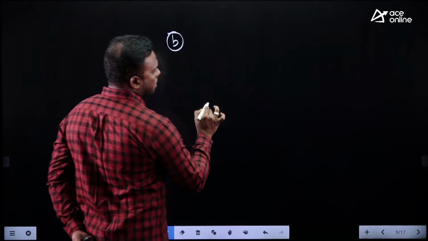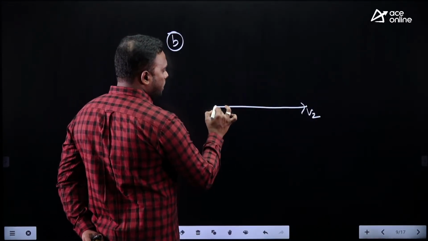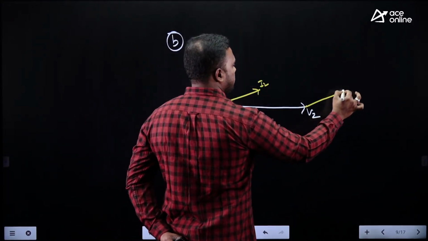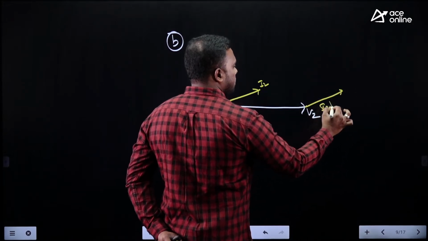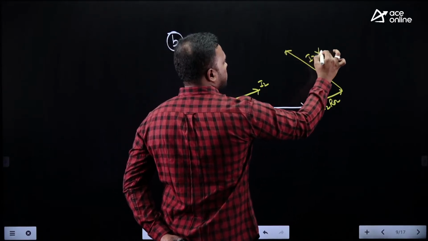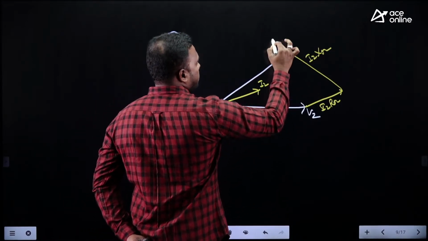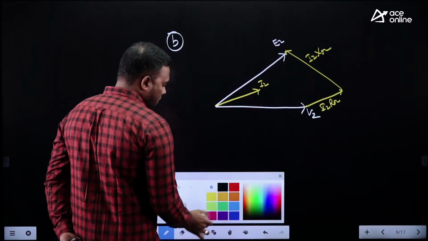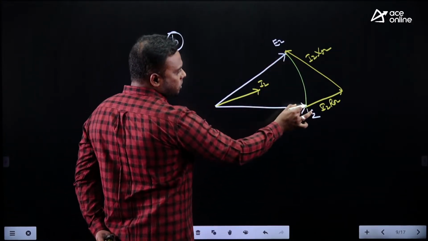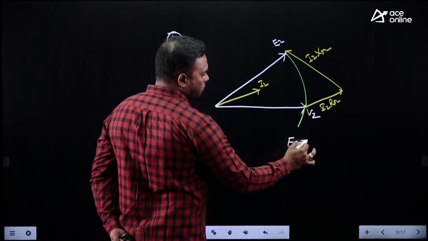Second subcase. Same V2 is the reference. I am taking current I2 a little more leading. This is I2. Then the I2R02 drop is parallel to the current, and this is the I2X02 drop, perpendicular to the resistance drop. This is the resultant of the three vectors, E2. Let us assume approximately that the magnitude of E2 equals V2.